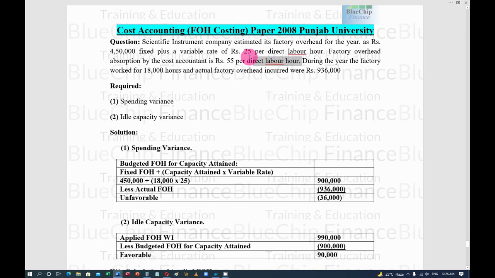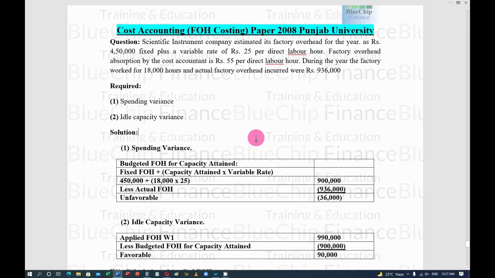So it is different from previous questions, in that one FOH applied rate is given here, that is rupees 25, and one is estimated by the accountant, that is 55. All the remaining data is the same as in the previous question. So what are the requirements? The requirement is to calculate spending variance and idle capacity variance.